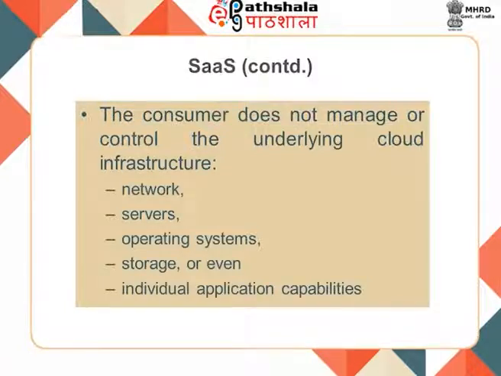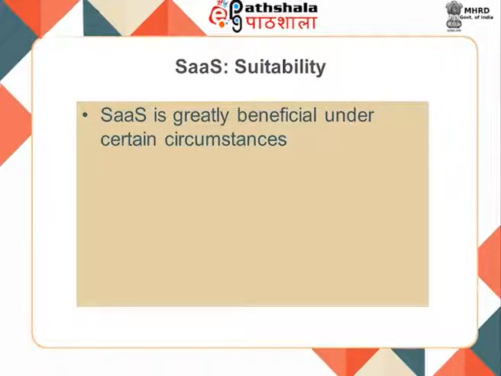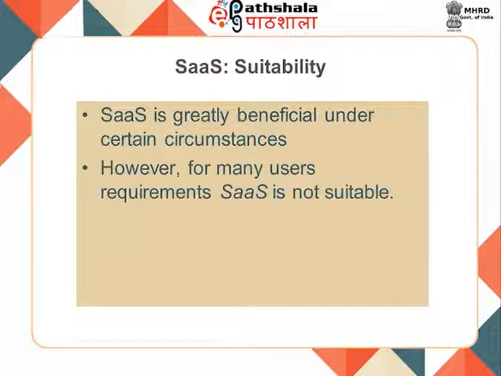So, where are SaaS models suitable? We can look at the suitability of a service by looking at under what circumstances the model will be greatly beneficial, and also under what circumstances people should not use SaaS models.